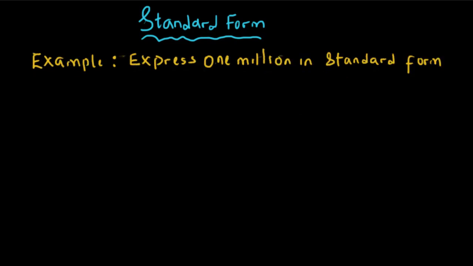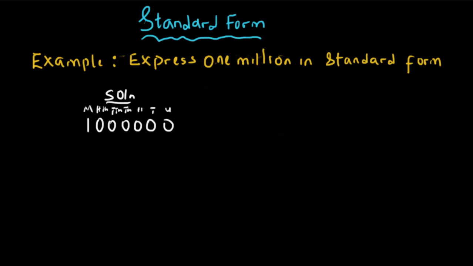Now we have this question: express 1 million in standard form. I hope you know that 1 million has 6 zeros. So we have 1, 2, 3, 4, 5, 6. This is 1 million. Units, tens, hundred, thousand, tens of thousand, hundreds of thousand, million. Can you see?